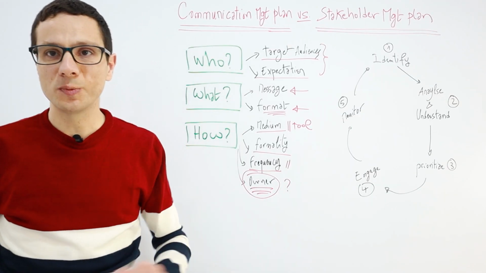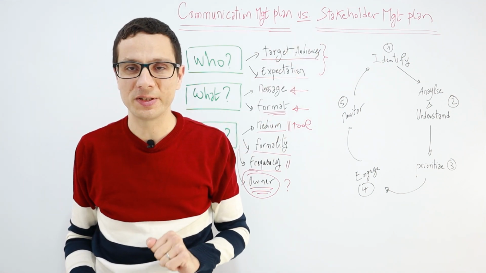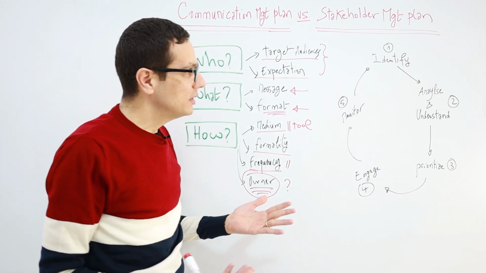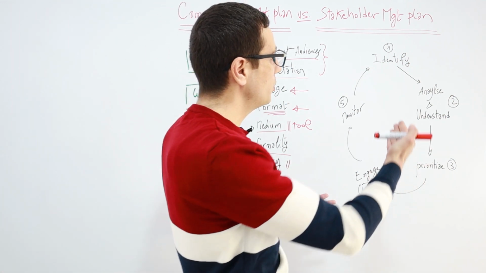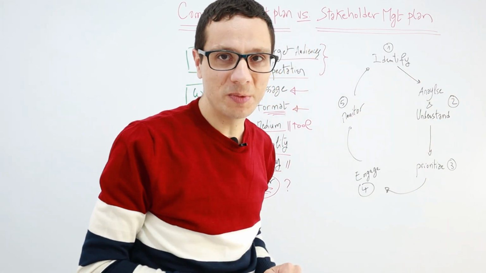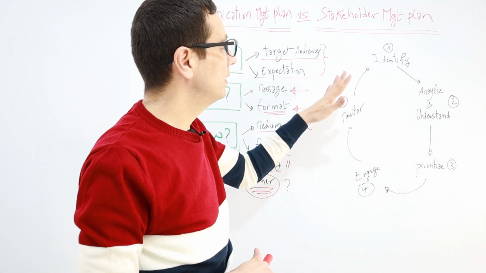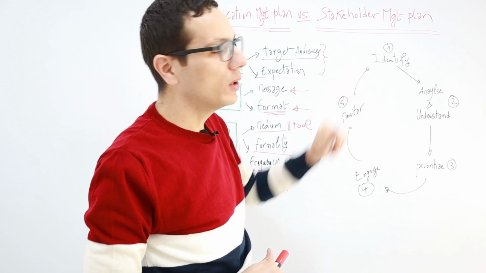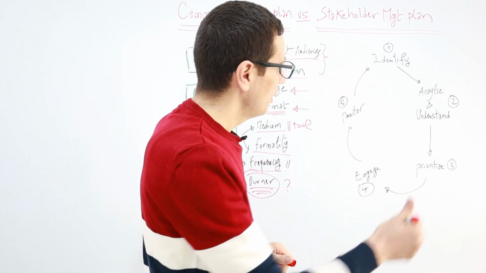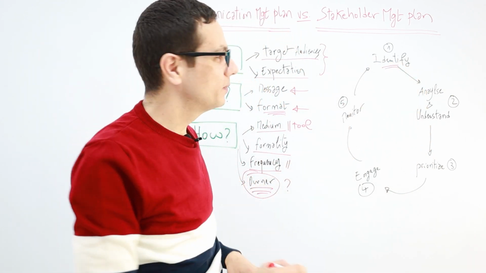Okay, so now let's move on to the second part, which is the stakeholder management plan. The stakeholder management plan actually is going to help you through the stakeholder engagement process. So let me explain the process first, and then we will see how this stakeholder management plan fits into that process. The first is identifying all the stakeholders.